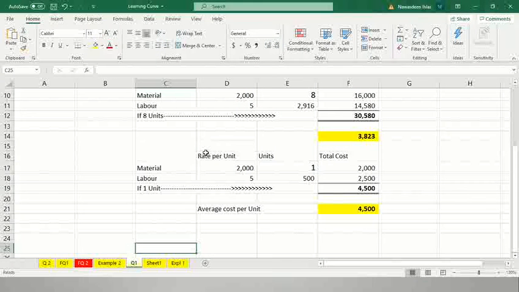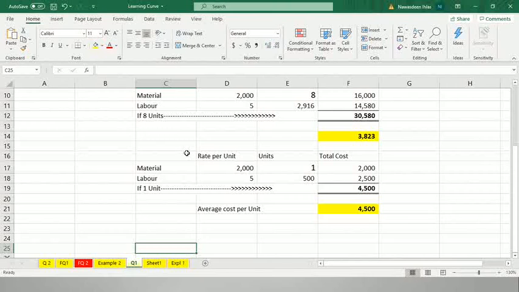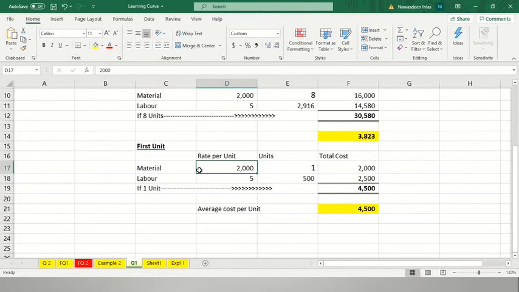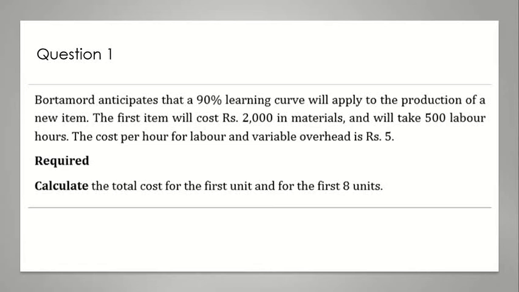Here you can see, this is for the first unit. For the first unit the material cost will be 2,000, and for the first unit 500 labor hours are needed.